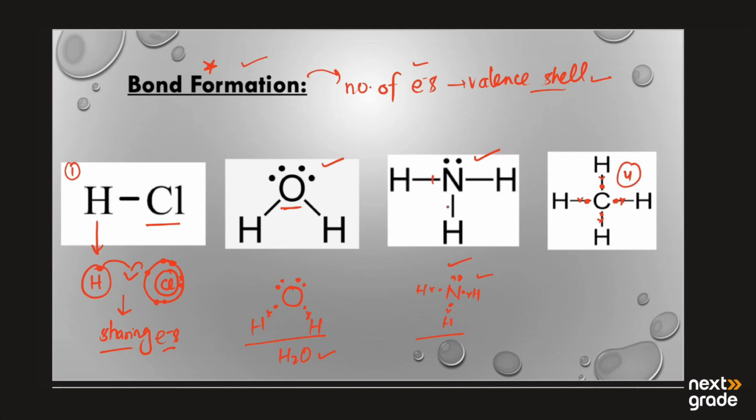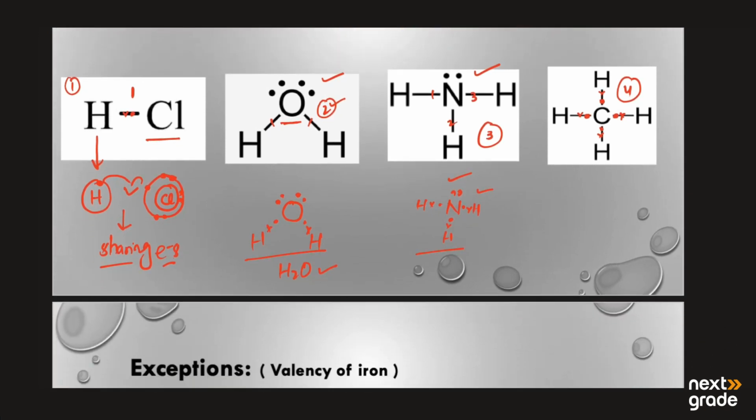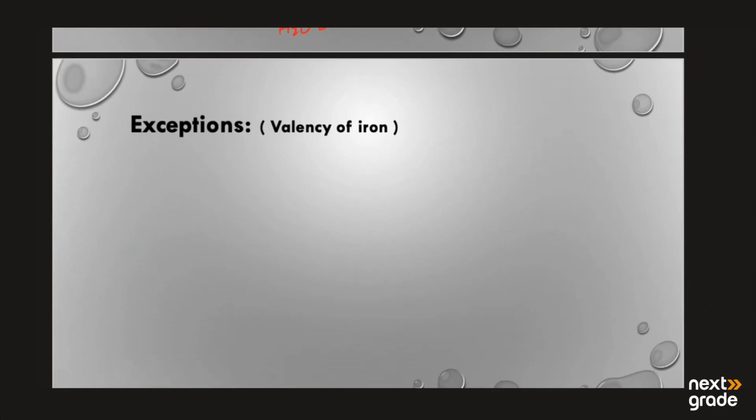As nitrogen has 3 bonds, its valency is 3. Oxygen has made 2 covalent bonds, so its valency is 2. Here the chlorine has 1 bond, so its valency is 1. So we can check the valency from the number of electrons present in the valence shell of an atom.